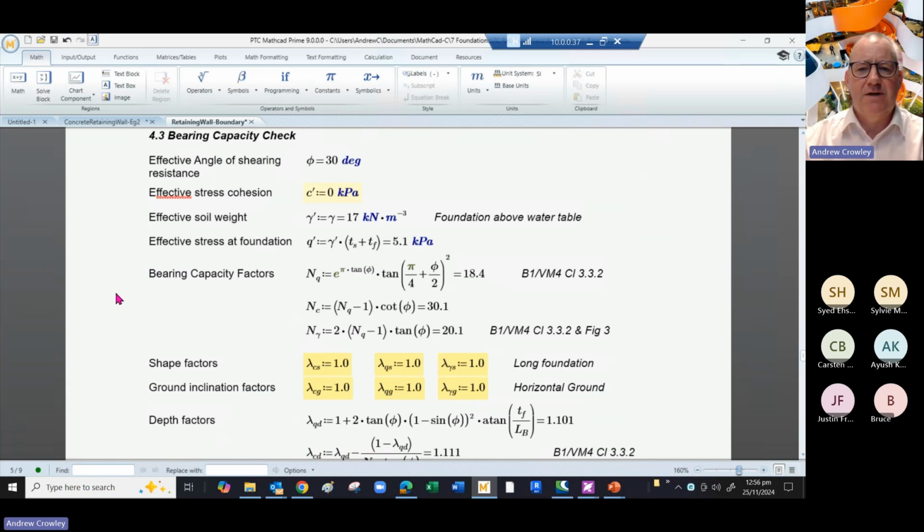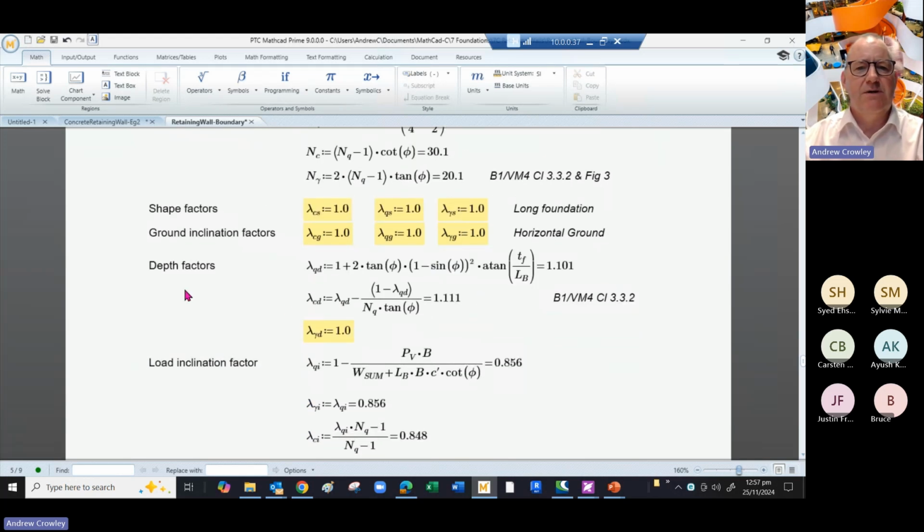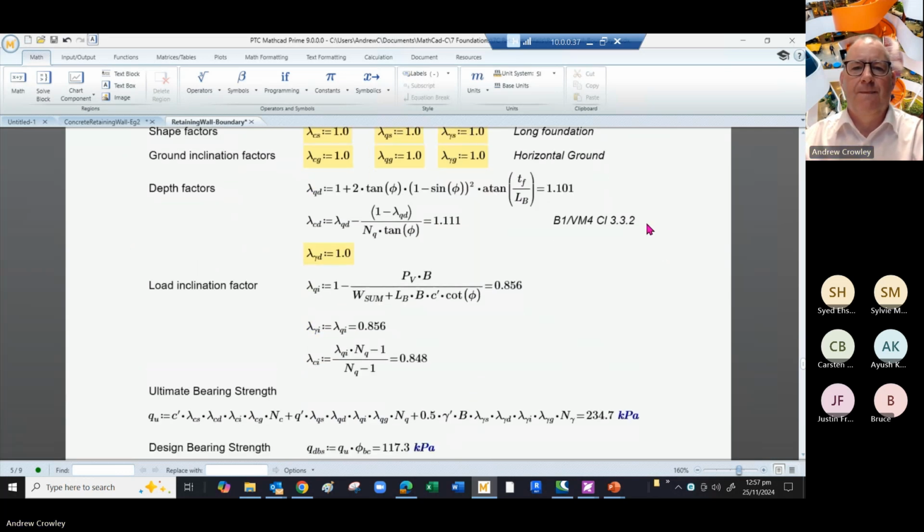We've got a bearing factor, again, taken from B1/VM4. So our Nq, Nc, and N gamma calculated. We've taken our shape factors all as 1 because we're looking at a long strip foundation in this case. We're looking at horizontal ground, so our ground inclination factors are 1.